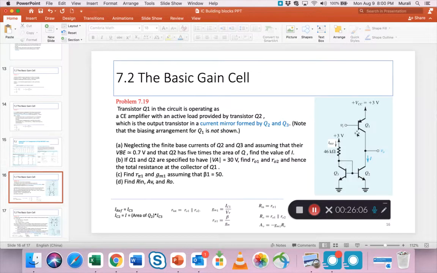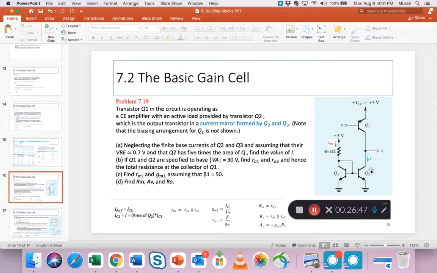So here, Q1 is a PNP transistor. That is the CE amplifier. Interesting, right? So far we have always thought NPN transistors are the gain cells. But here, transistor Q1 is operating as the CE amplifier, and it has an active load or a biasing current source load consisting of Q2 and Q3.